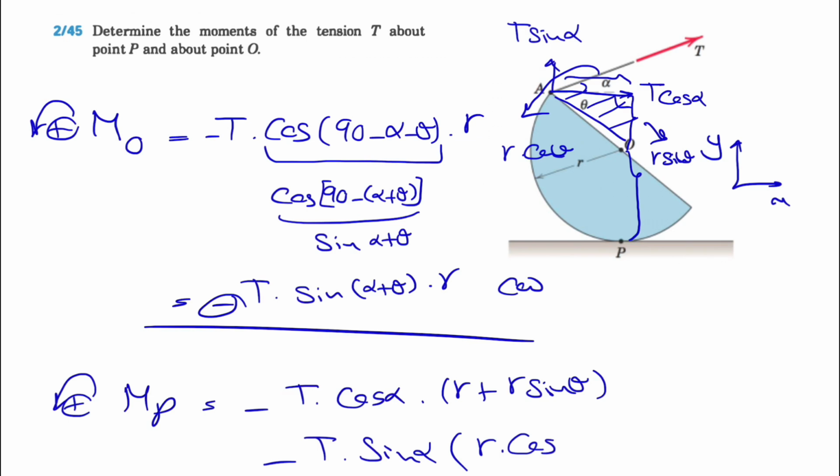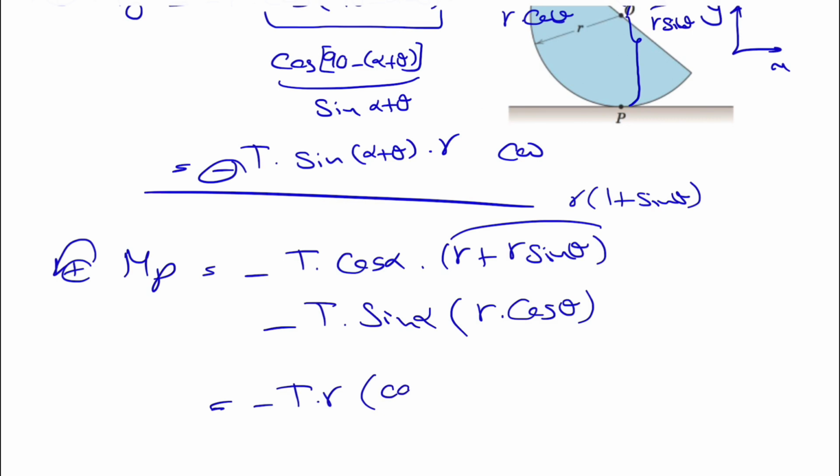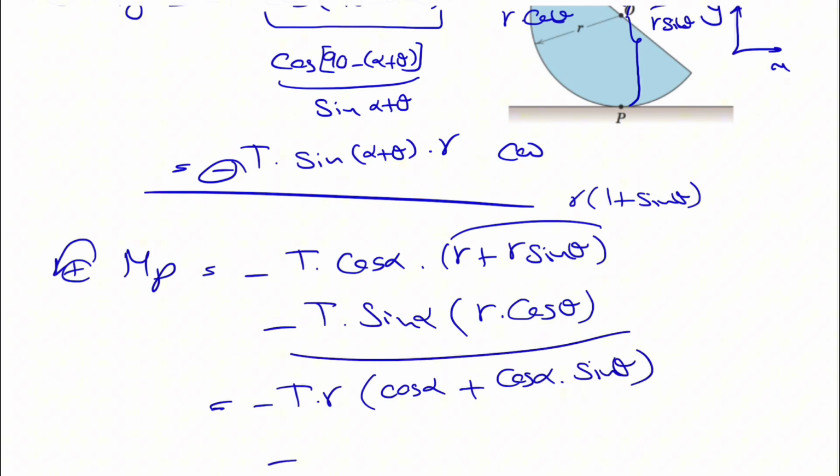So this will be R cosine of theta, and what we get here is minus T, and we can factor one R, so it will be R times 1 plus sine of theta. We get minus TR times cosine of alpha plus cosine of alpha sine of theta, and from the second one, minus TR times sine of alpha times cosine of theta.